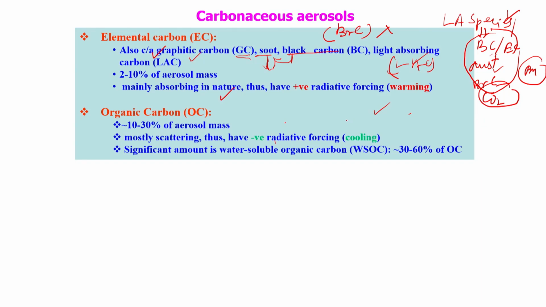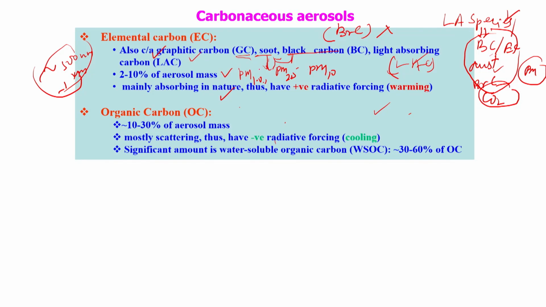The second thing is that it constitutes about 2 to 10% of aerosol mass. The concentration can of course vary, depending on whether you are talking about PM1, PM2.5 or PM10, because black carbon is associated with the fine mode, typically say 500 nanometer to 1 micrometer particles. So, this is the size distribution. Where will the black carbon be concentrated?